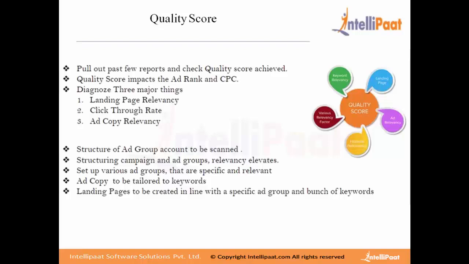The last thing within the quality score which one needs to look at is that landing pages should be created in line with a specific ad group and a bunch of keywords. If the keywords which you have taken are not in line with the ad groups, then you're really missing out on a lot of opportunities.